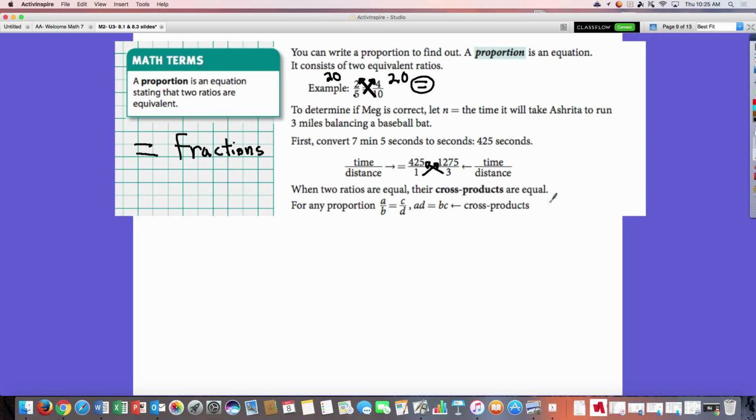Are they equal? Yes, they are. 3 times 425 is 1,275. And remember when we did fractions? That's why this works. This is how we learn fractions, so this is going to be a breeze for you guys. But cross products, remember? You're just multiplying across. Cross multiply.